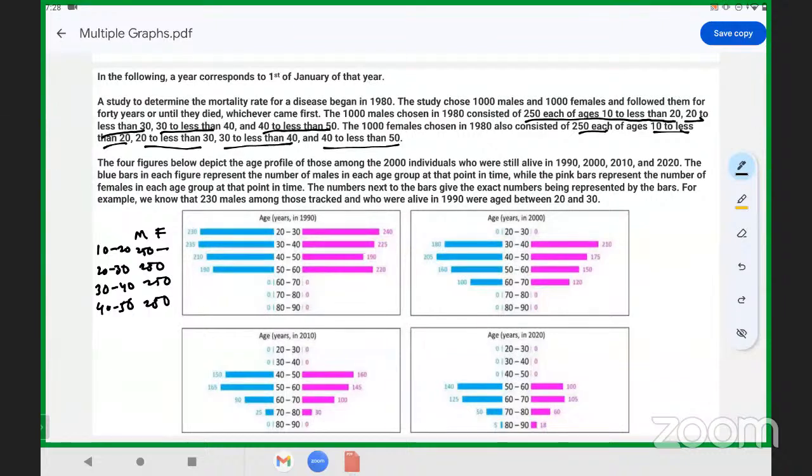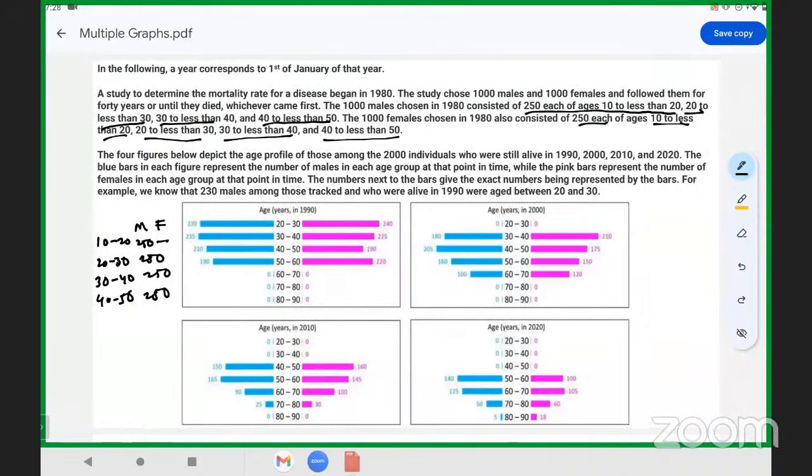Exactly, we have to add 10 years. Similarly, the 40 to 50 group in 1980 will definitely become 50 to 60, and then that 50 to 60 will become 60 to 70 in the next graph. In the next graph they will become around 70 to 80, and here they will become 80 to 90. So we have to follow them as per the ages and as per the years that have passed.